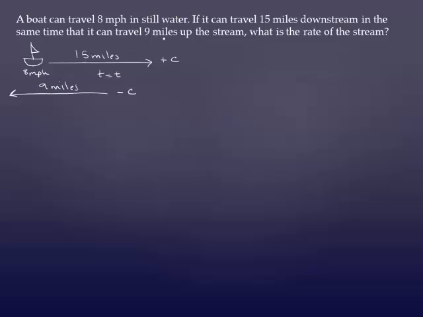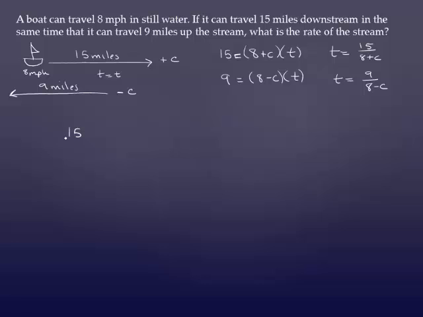So moving this way, I get that 15 miles is equal to 8 plus c times t. And using this part, I get that 9 miles is equal to 8 minus c times t. Solving each of these for t, I would get that t is equal to 15 over 8 plus c, and t is equal to 9 over 8 minus c.